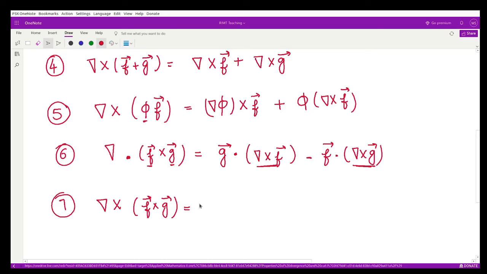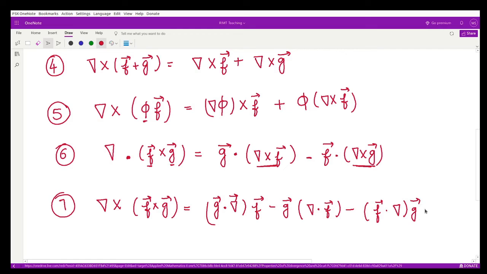So what is this property? This says that you take the dot of the second vector g with del, and vector f as such, minus the second vector g, del dot f vector, minus f vector dot del vector g, and the last quantity is plus vector f, del dot g.